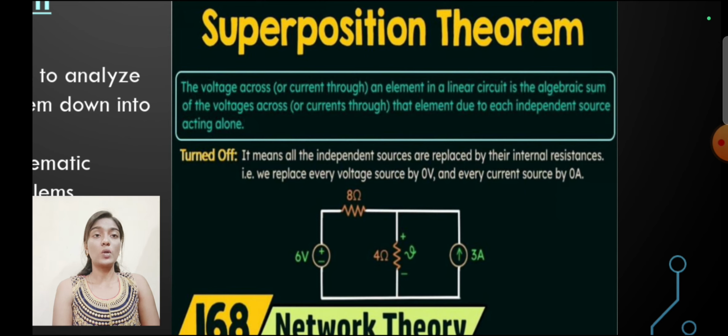The voltage across or current through an element in a linear circuit is the algebraic sum of the voltages or currents through that element due to each independent source acting alone. Turn off means all the independent sources are replaced by their internal resistance. That is, we replace every voltage source by 0 volts and every current source by 0 amperes.